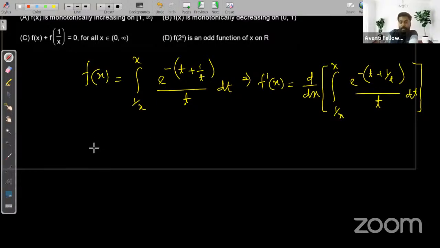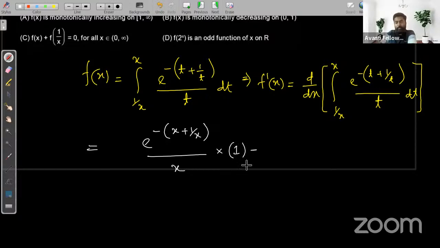So if you use the Leibniz theorem here, this will be f of h of x. In place of t, you need to substitute the upper limit, so it is e to the power minus of x plus 1 by x, divided by x, into the derivative of the upper limit, that is 1, minus f of g of x.